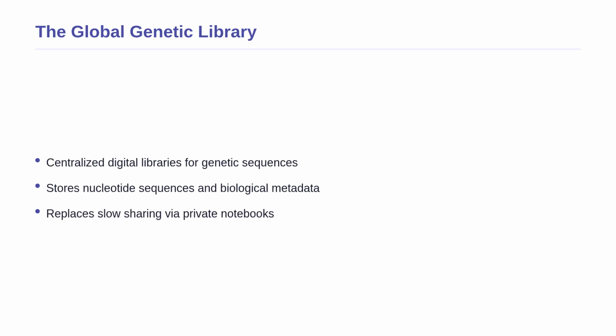These act as centralized digital libraries where researchers from all over the world can upload, share, and search genetic information instantly. They store not just the nucleotide sequences, which are made of adenine, thymine, cytosine, and guanine, but also the associated biological metadata that gives context to these sequences.